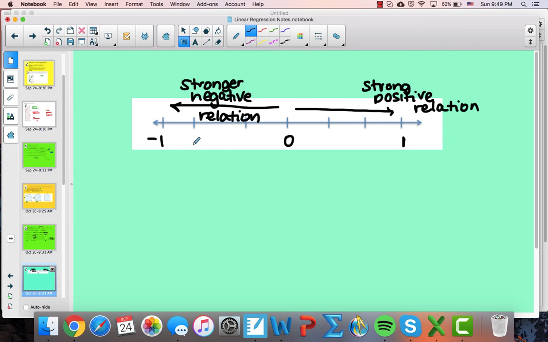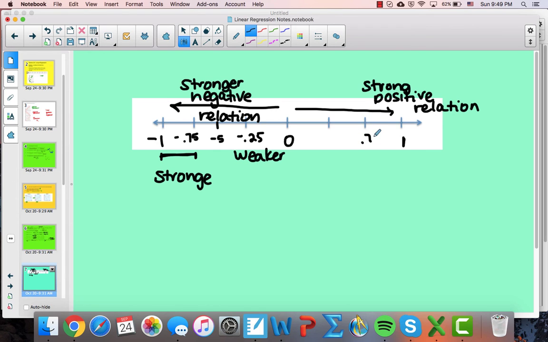Okay, so let's kind of break this up a little bit. Let's put like maybe negative 0.75 here, negative 0.5, negative 0.25. So I always think between -1 and negative 0.75, I'm going to call that a strong. Whereas between 0.5 and 0, those are weaker relationships, okay? And the same over here.